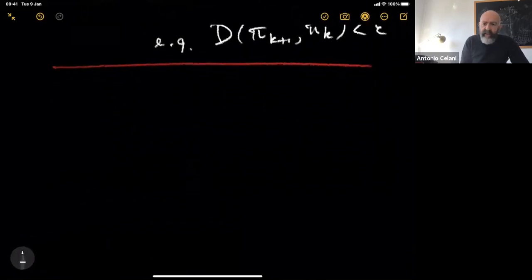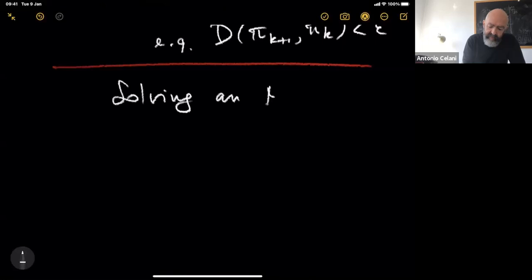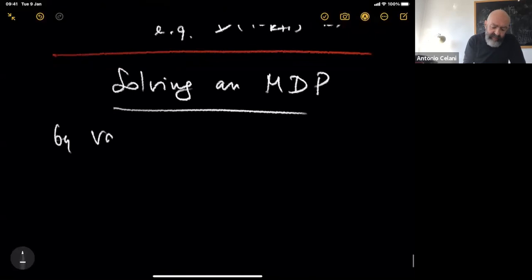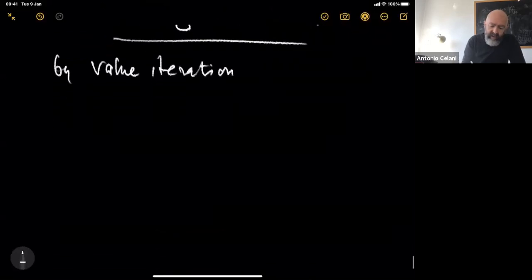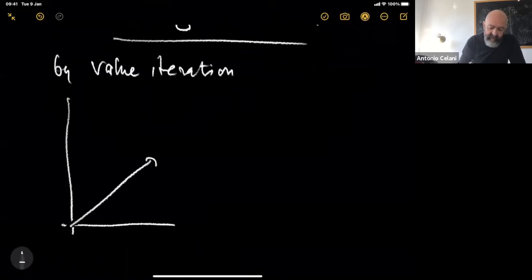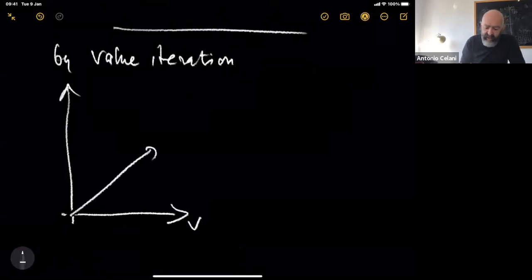So we have two possible approaches, basically, for solving an MDP. By value iteration. Okay, so graphically, this means that you're working in the space of value functions. This is abstractly the space of value functions.